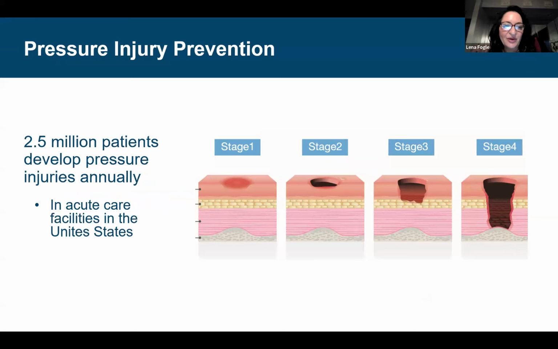Okay. Pressure injury prevention. About 2.5 million patients develop pressure injuries. That's United States data. I'm sure Canada's would be less, but proportionally probably the same. I'm here to tell you that for many pressure injuries, the heralding lesion, the sentinel lesion, occurs in the operating room and you can't see it.